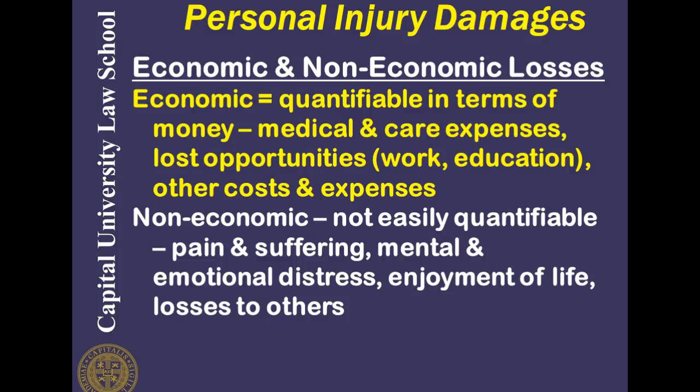These are not easily quantifiable. We can't put a dollar figure on the loss of a use of a hand, on the loss of the use of a limb, on a leg amputation, on a paraplegic. Those are very difficult to put quantifiable amounts on, and as a result, they are referred to as non-economic damages.